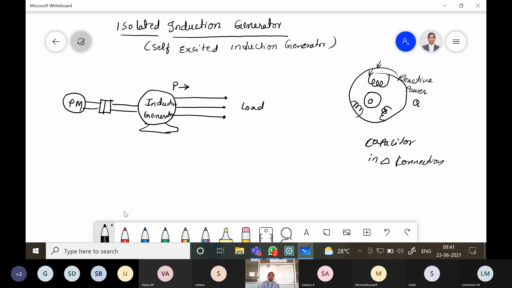Okay, so take three capacitors in delta fashion. This is called a capacitor bank.